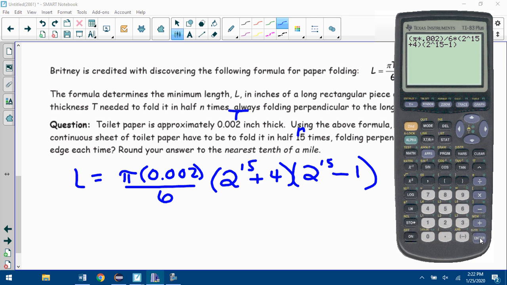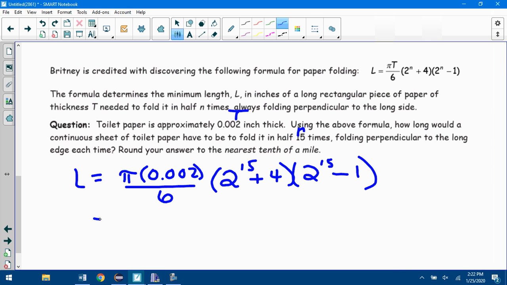And I get that number. So it was 1124522.748. What would the units be?